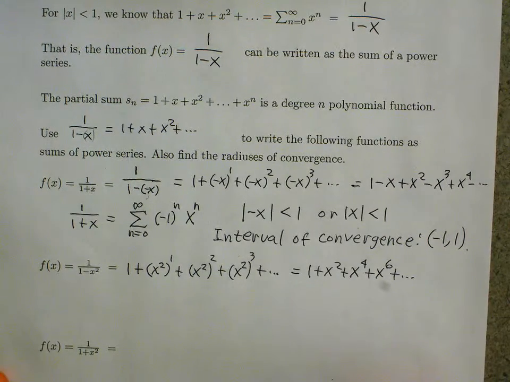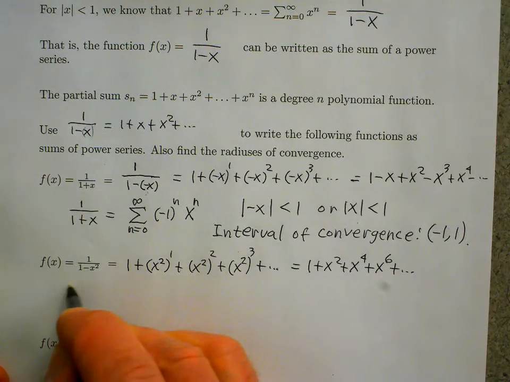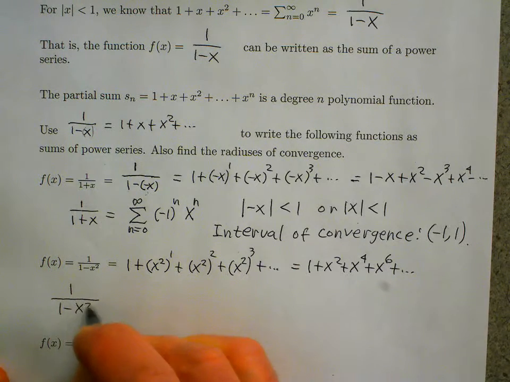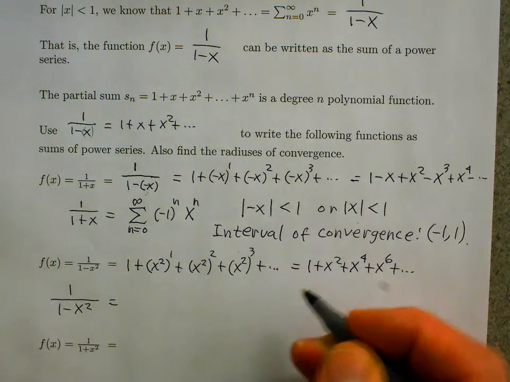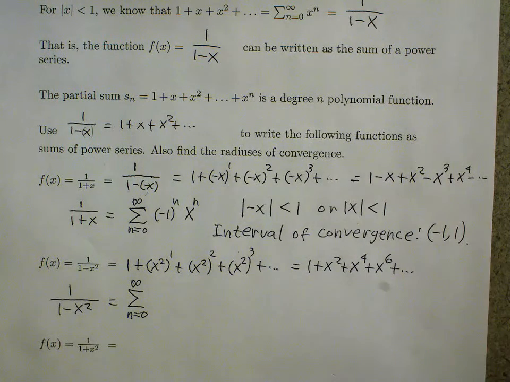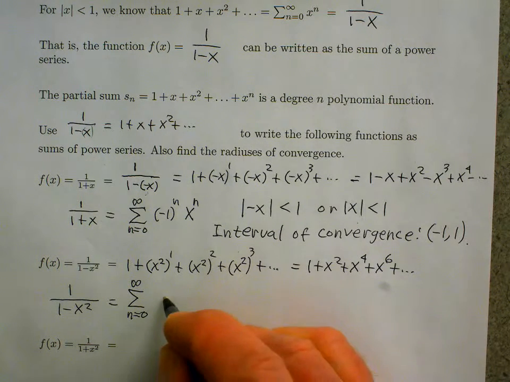And then in sigma notation, 1 over 1 minus x squared is the sum starting at n equals 0 to infinity. And it's not alternating, so it's just going to be x to the 2n.